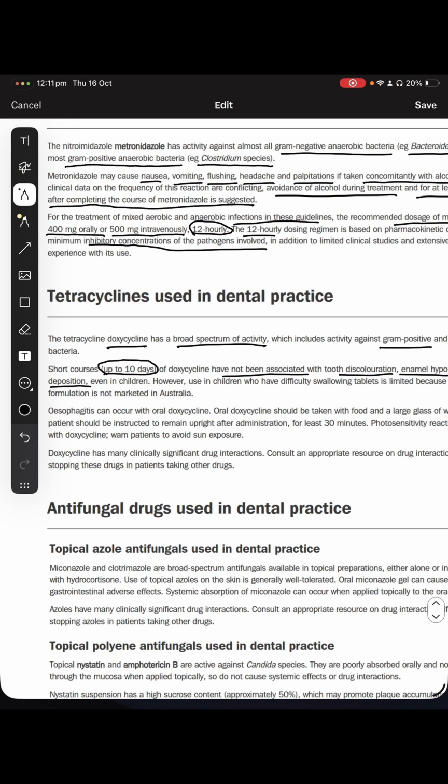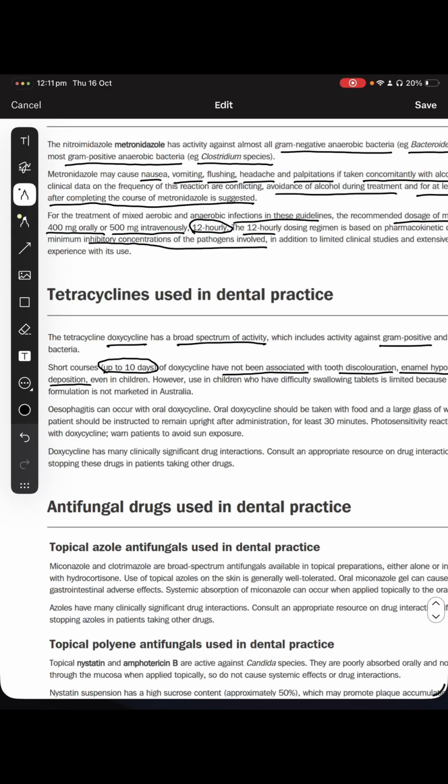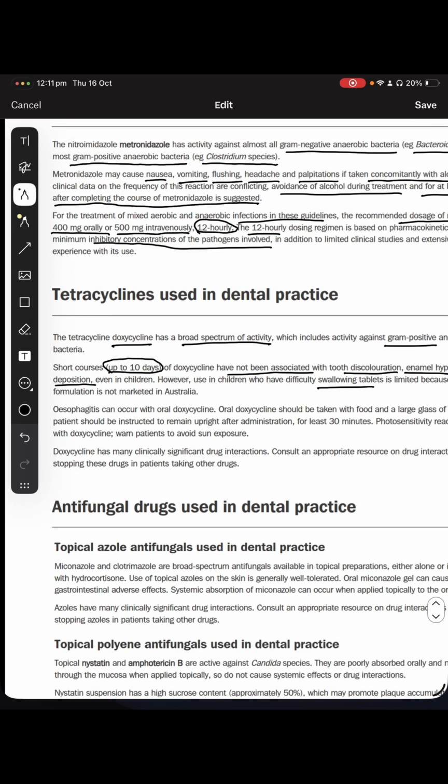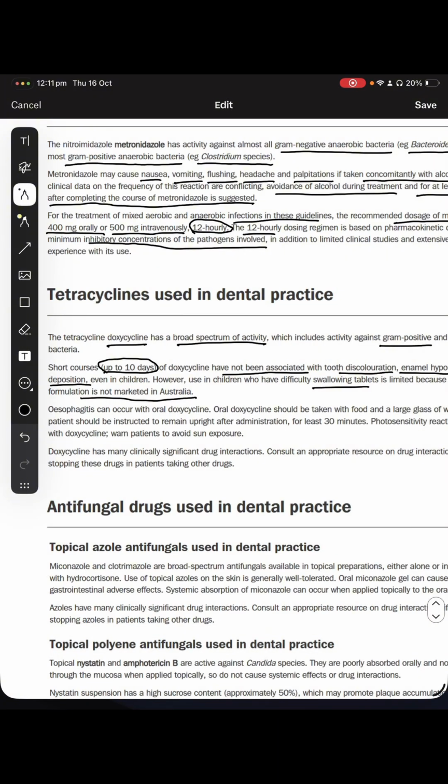So, the concept of getting tooth discoloration with doxycycline has not been confirmed. However, use in children who have difficulty swallowing tablets is limited because an oral liquid formulation is not marketed in Australia.